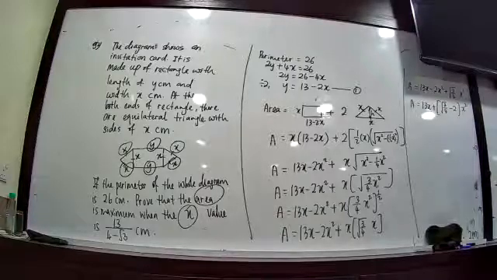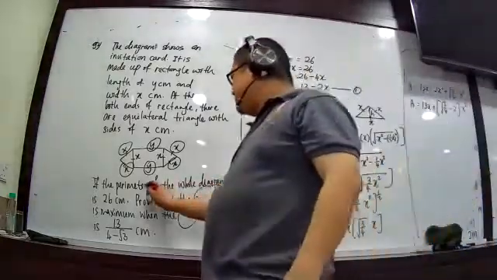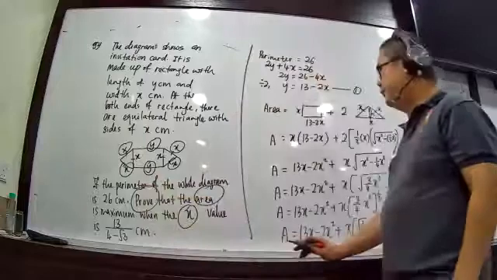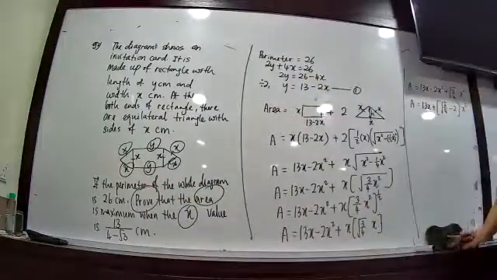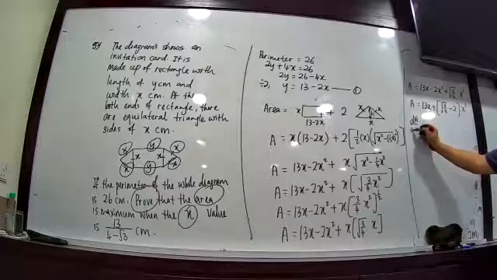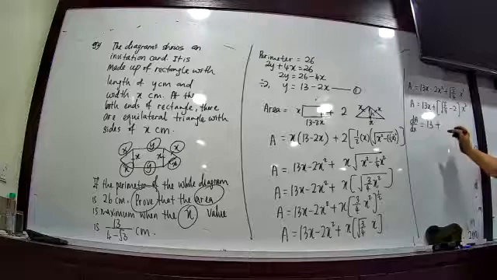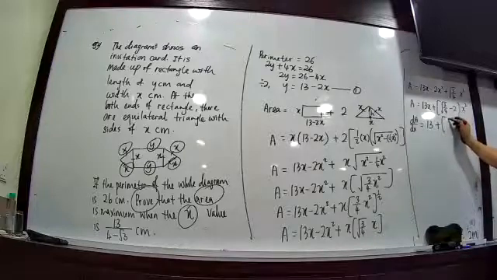Now what do they want? Prove that this area is a maximum. If you want to prove it's a maximum, your dA/dx must be equal to 0. So 13x becomes 13, plus this one is a number, or maybe you can simplify.